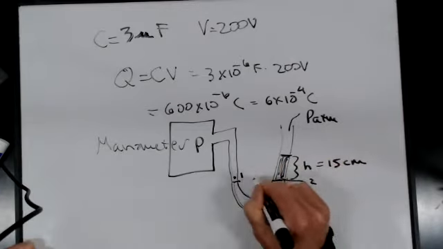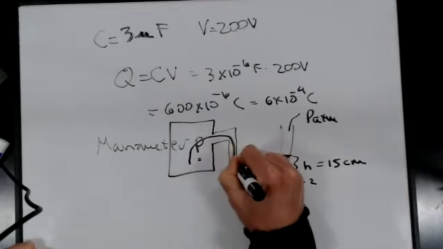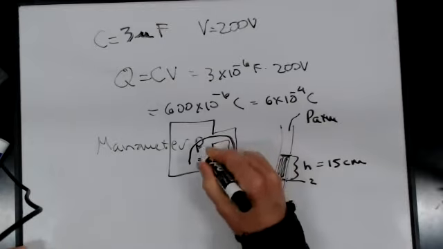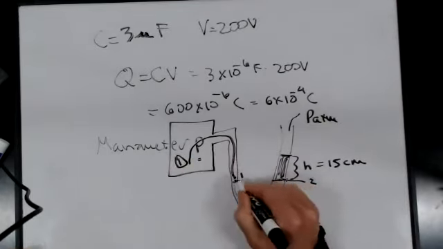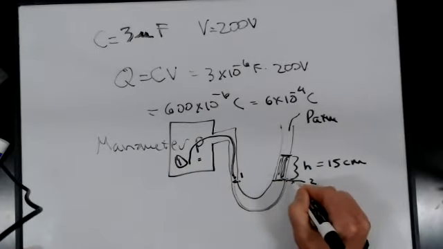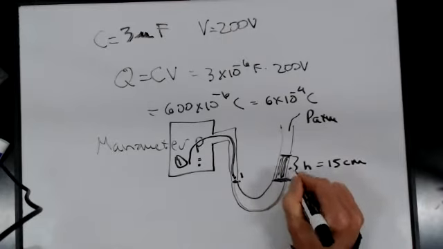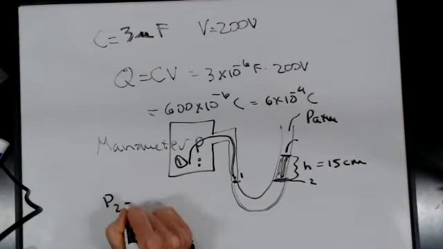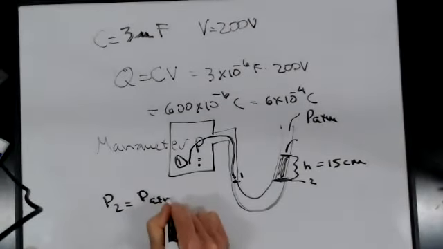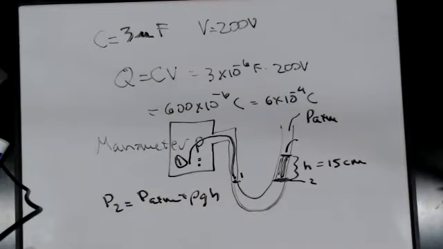If these two are the same height, the pressure in the gas, it doesn't matter about the depth because gases have such a low density, is the same as the pressure here. To get the pressure inside, I just have to figure out the pressure right here, which is the pressure at the top. So P2 is equal to P atmosphere plus rho g h.